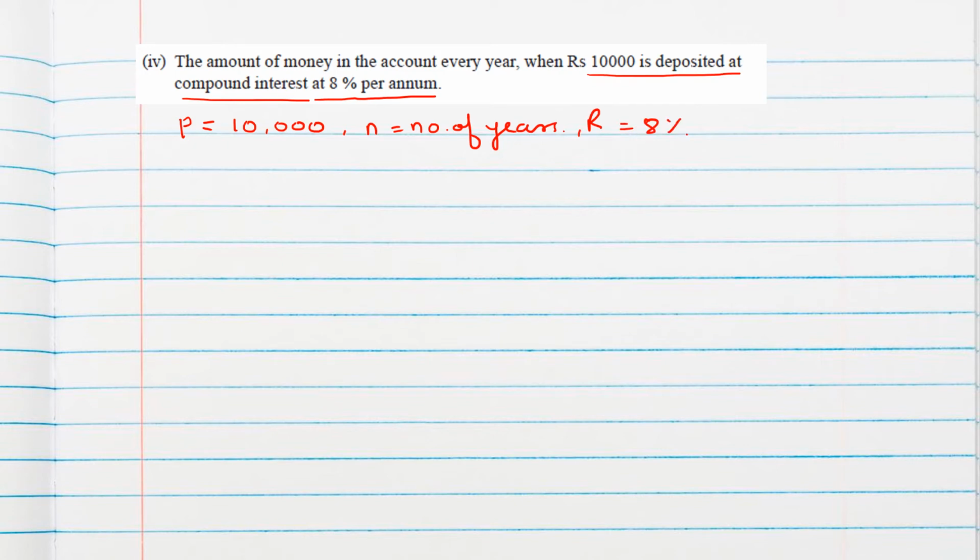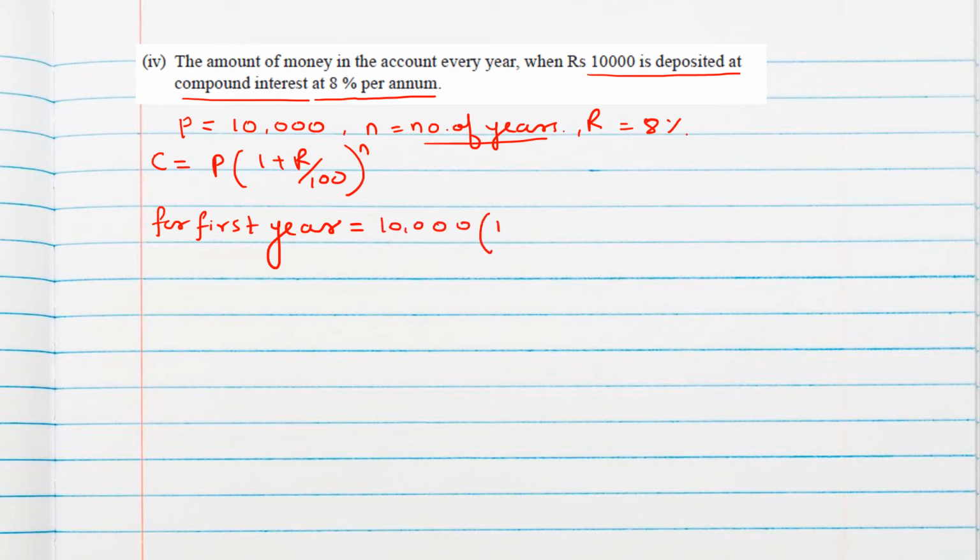So we have the compound interest formula C equal to P (1 plus R by 100) power N, where N denotes the number of years. So for the first year, we will write compound interest CI will be 10,000 (1 plus 8 by 100) power 1.